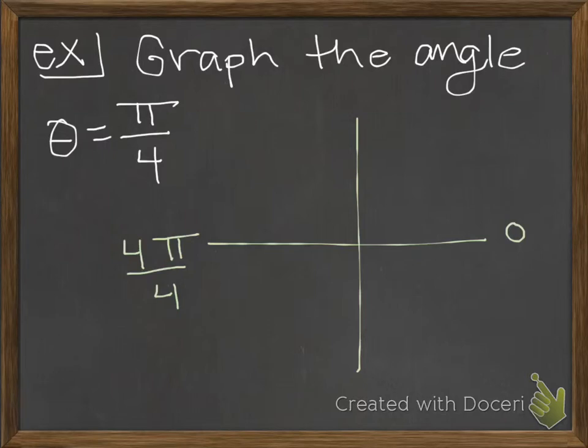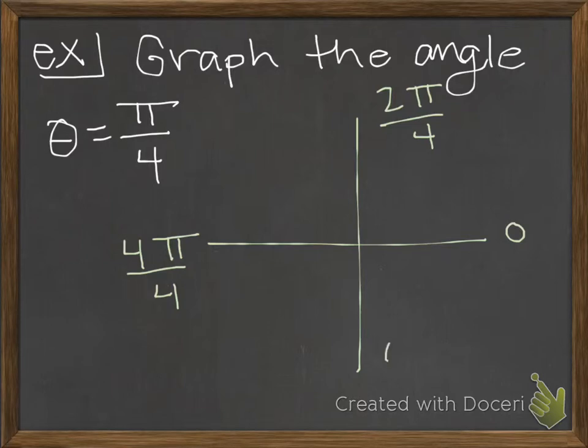Now notice 4 pi over 4 would reduce to be pi. So I really did not change anything, I just made these fractions more compatible. Then we go back to the idea, well, if on the right side is 0 and the left side is 4 pi over 4, exactly halfway in between would be 2 pi over 4. And now that I figured out that 2 pi over 4, every quadrant goes by 2 pi over 4.